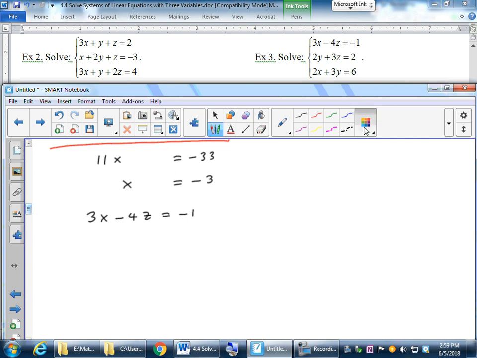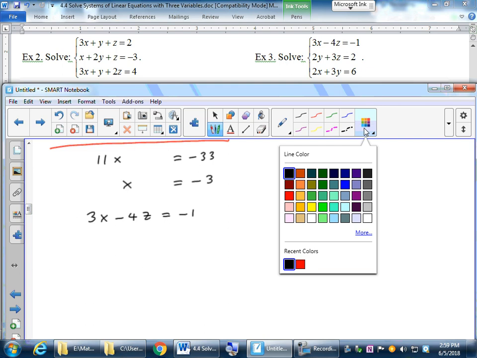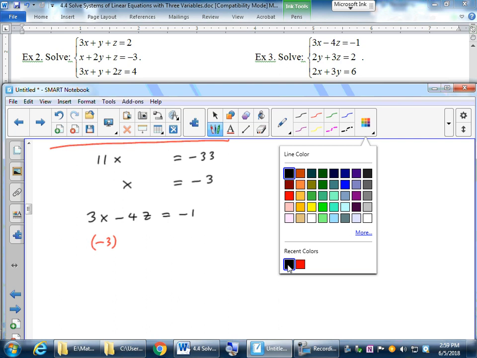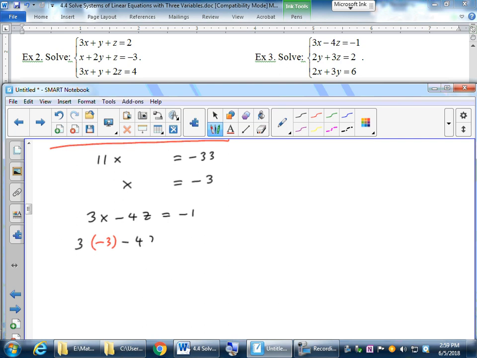So plug in x with negative 3. That will help me to get my z. So negative 9 minus 4z equal to negative 1. Negative 4z is equal to 8. So therefore z is equal to negative 2. So I have two answers so far.